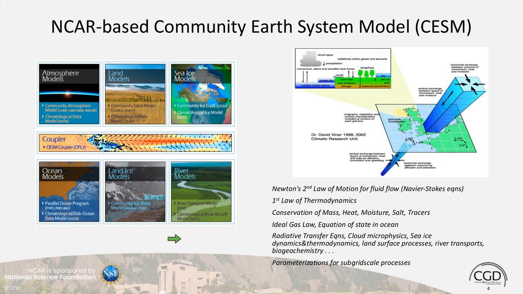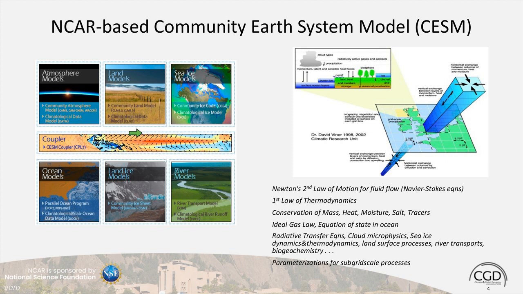So this is just a schematic of the NCAR-based Community Earth System Model. It's comprised of different submodels, each representing a component of the Earth system's climate, such as the ocean and the atmosphere and the land and sea ice. We now can couple in a land ice model, and we have river models and land process models, and a coupler which is charged with taking care of all of the bookkeeping tasks necessary for computing fluxes between models on their different grids.